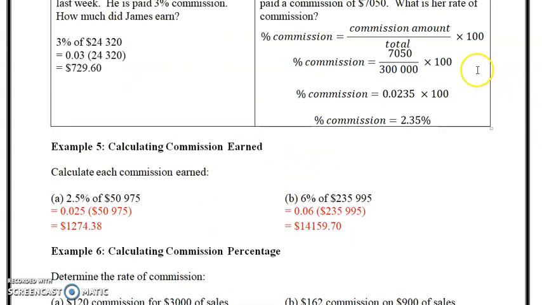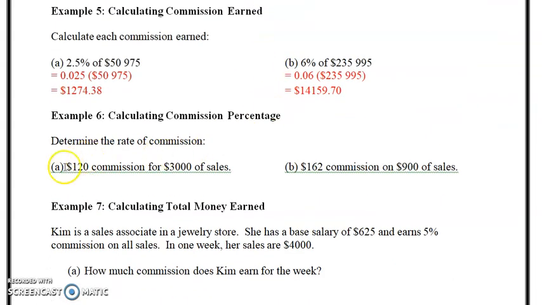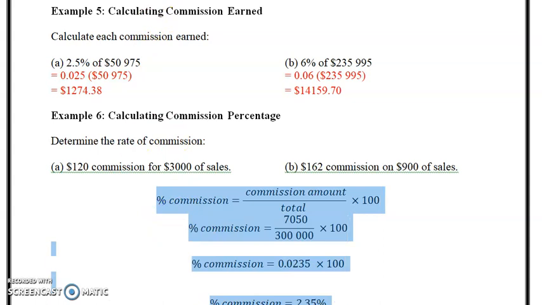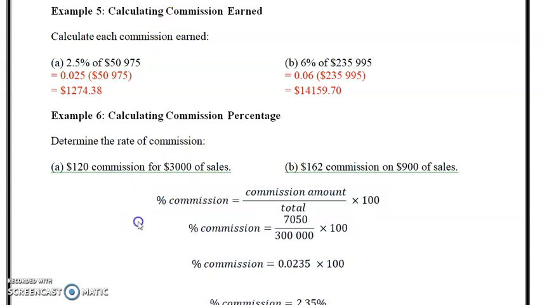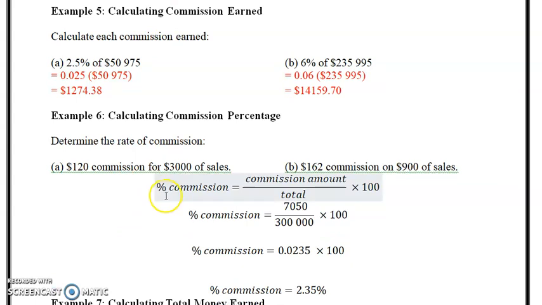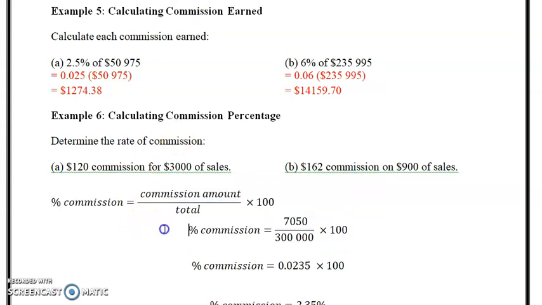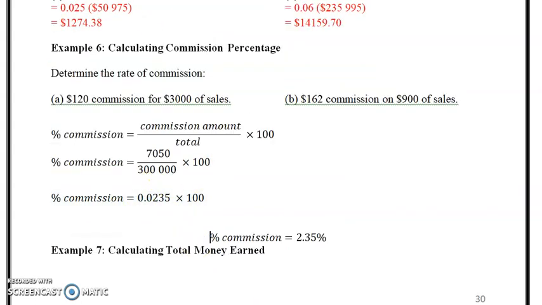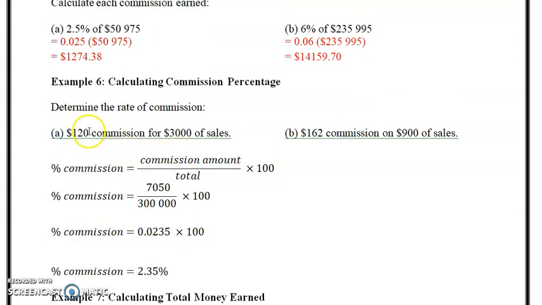Determine the rate of commission. That is similar to this question here. So in the first one, $120 on $3,000 worth of sales.